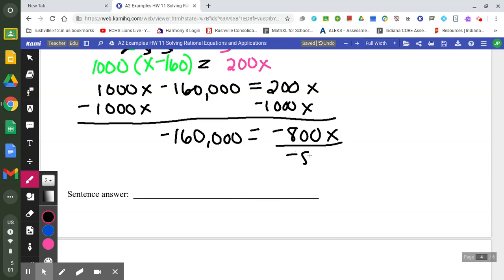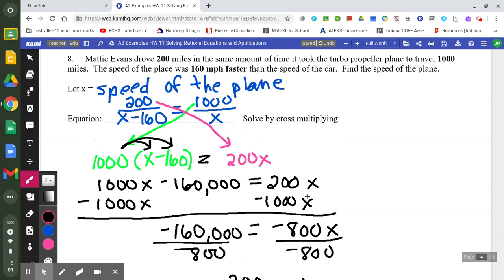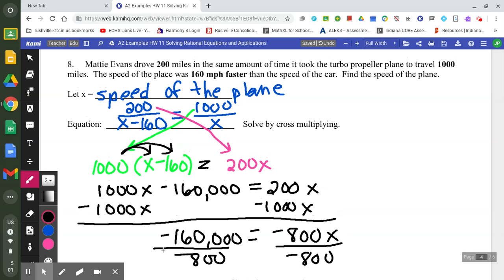I'm going to divide by 800 on both sides of the equal sign. And so I'm going to end up with X equals 200 miles per hour. So that means that the plane was going 200 miles an hour. So she obviously was going 40 miles an hour in her car.